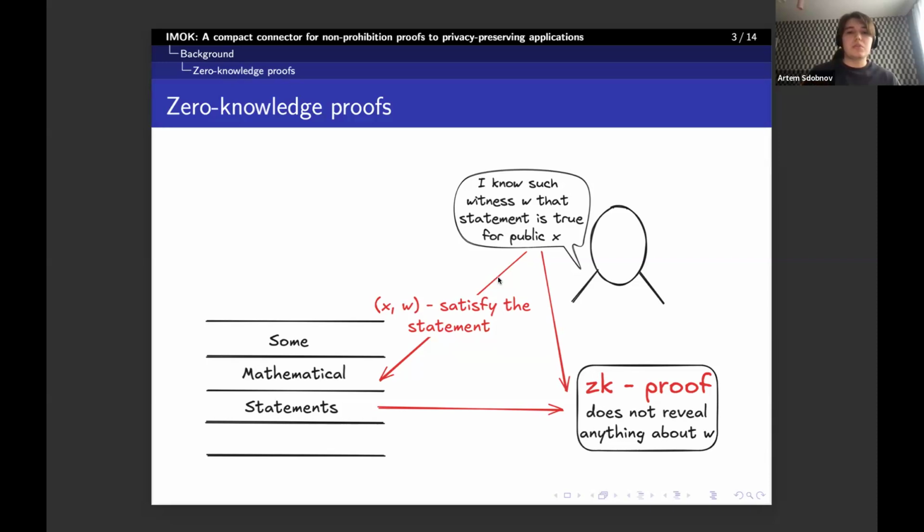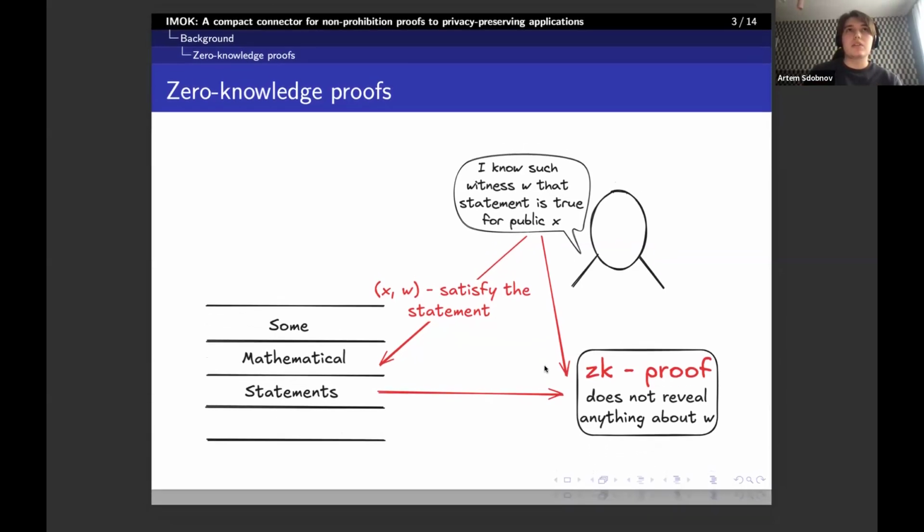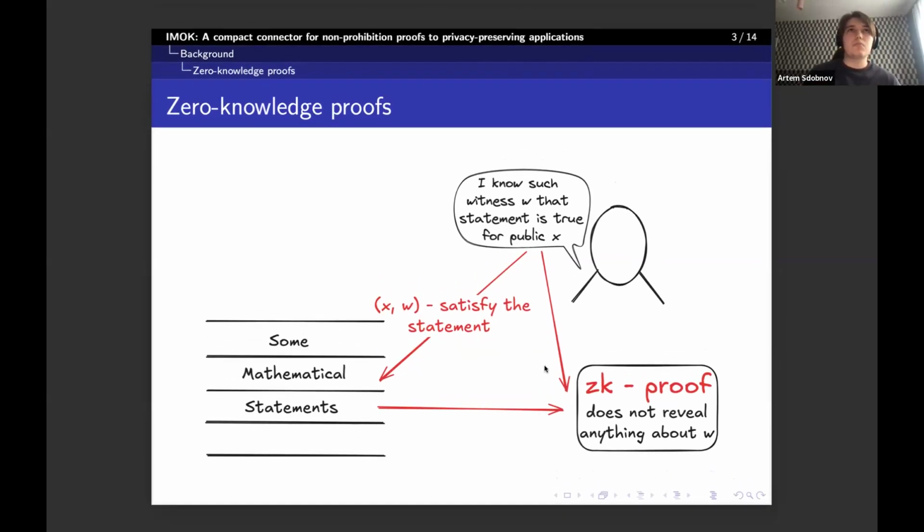So this is a proof of knowledge of some witness W for some public data X, such that X and W satisfy some mathematical statement. It could be any mathematical statement, but it should be presented in some way, and most such relations can be presented in a special way.